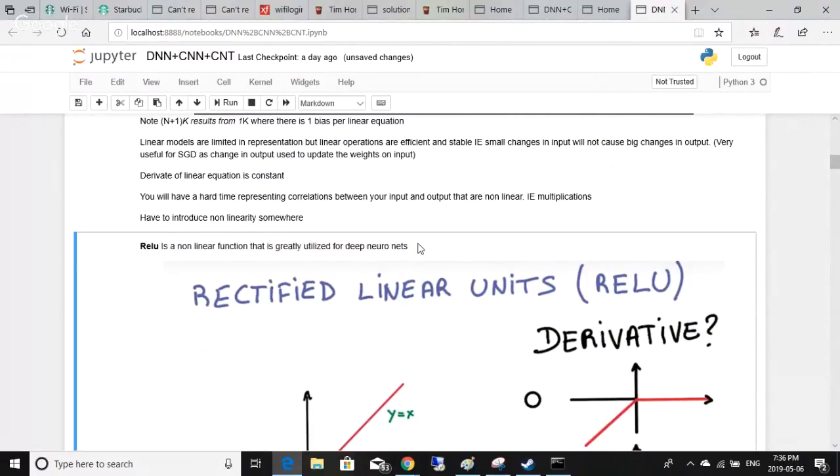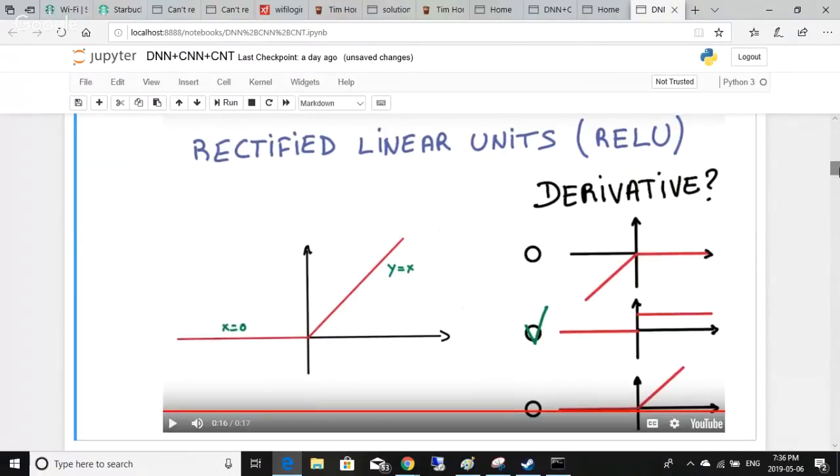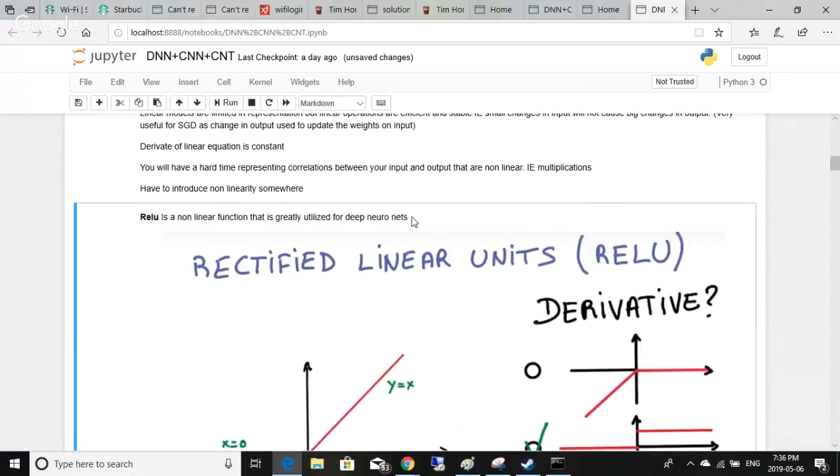ReLU is a nonlinear function that's pretty widely utilized for deep neural nets. In neural nets in general, you don't have to use ReLU.